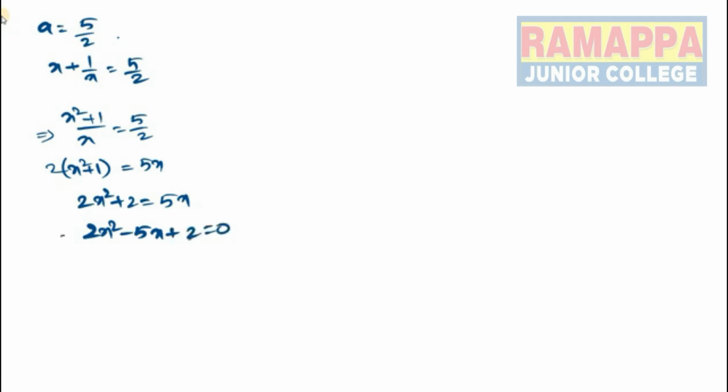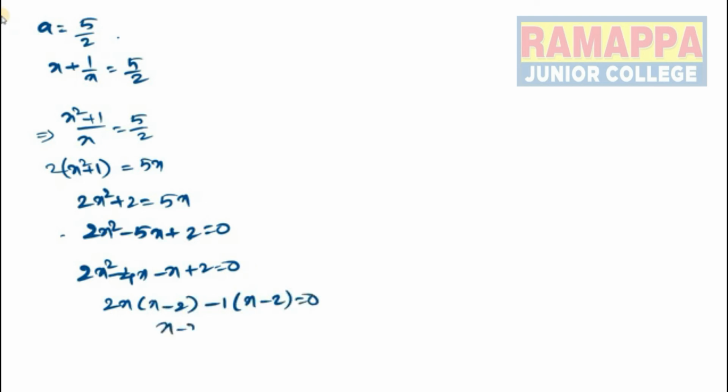2 into 2 is 4, I can take it as minus 4x minus x. So I write 2x square minus 4x and minus x plus 2 is equal to 0. If I take 2x common, it will be x minus 2. Here minus 1 will come, so x minus 2 into 2x minus 1 is equal to 0 here.